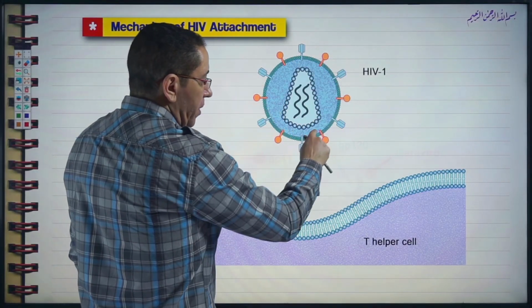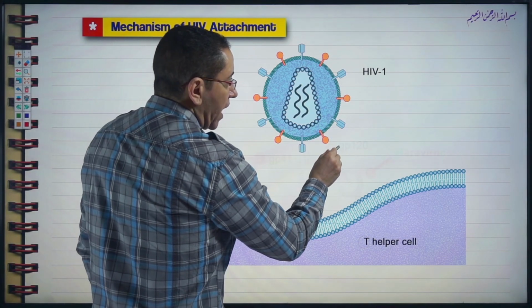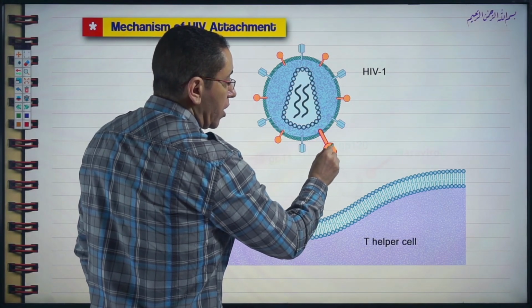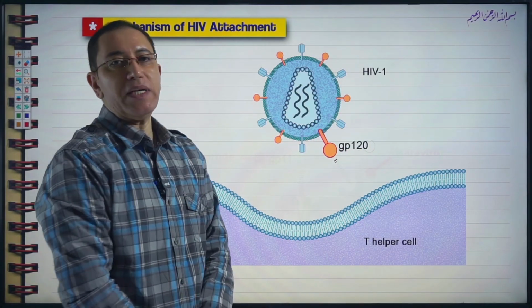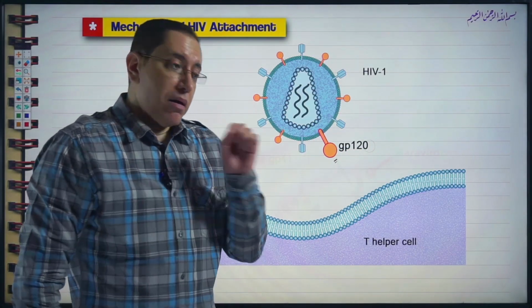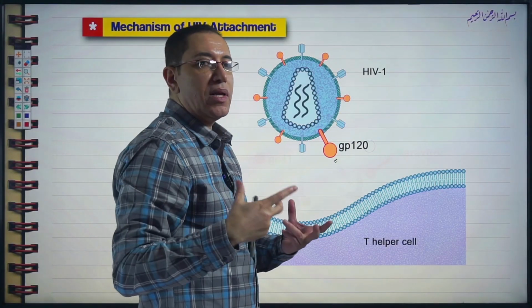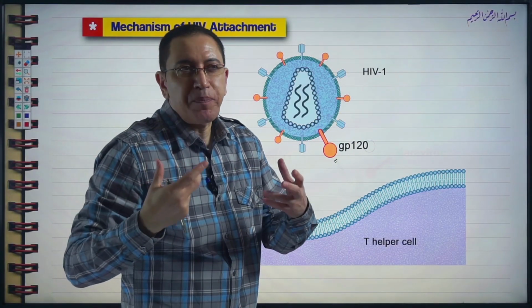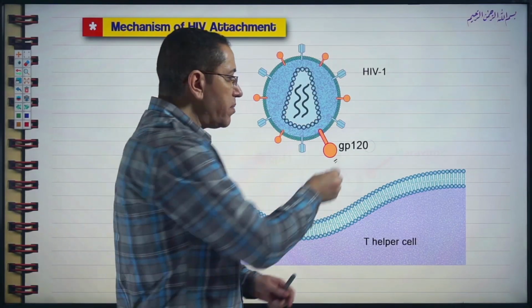The first one, colored red or orange, is named by the scientists glycoprotein 120. The number 120 is the result of its molecular weight. However, we don't care much about this. I won't ask you why it's called 120, but at least you should know its name is related to its chemistry.